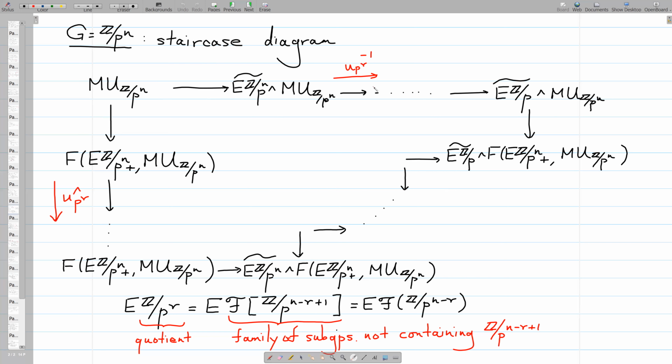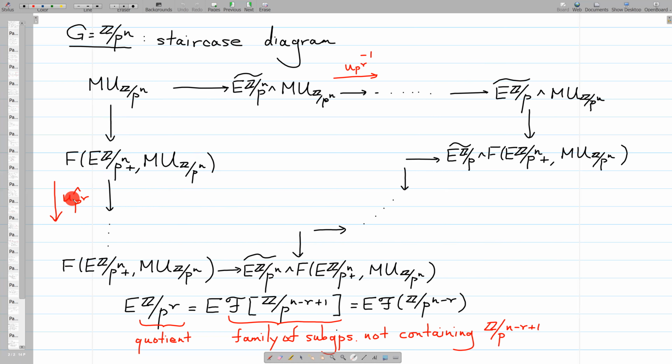And the general philosophy is that that's always inverting a U P to the R, the Euler class of the representation corresponding to P to the R. And as you move along, you're inverting more and more, with higher and higher values of R. And downwards, you first do the function spectrum from E Z mod P to the N into this spectrum.